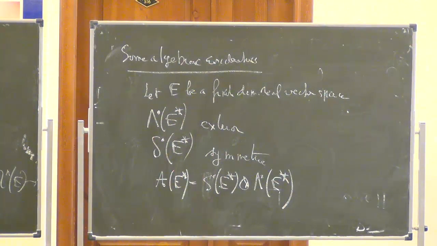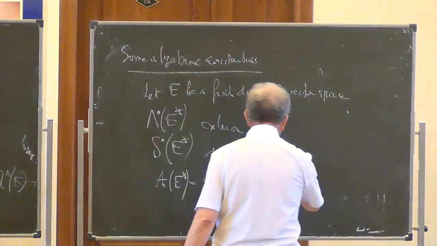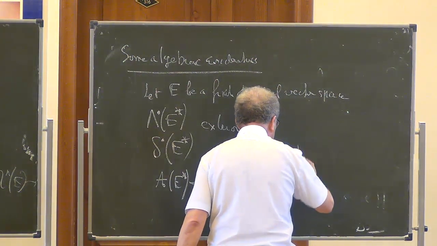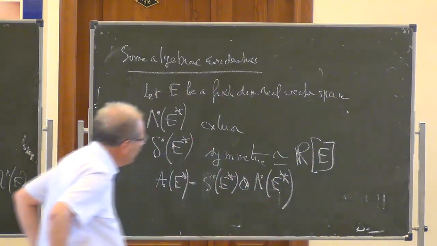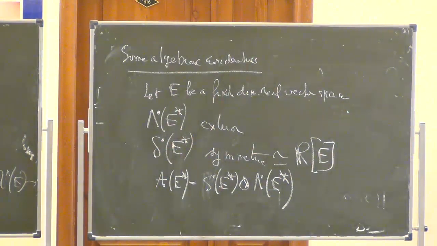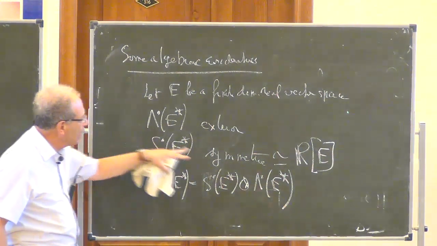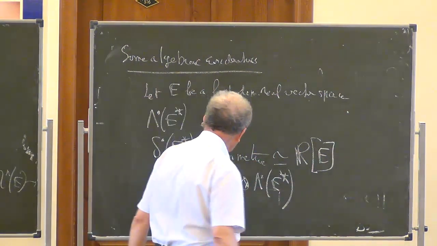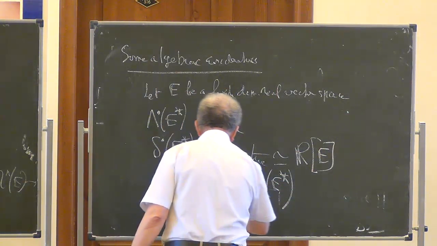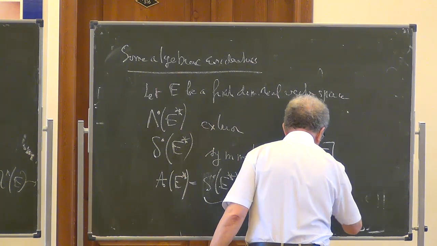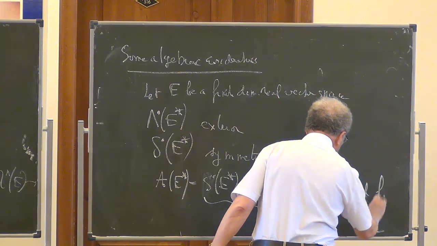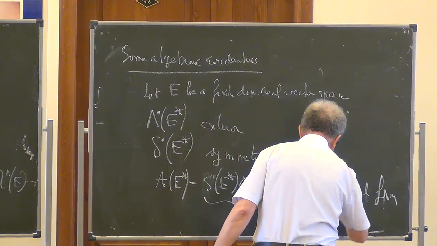Okay, so the symmetric algebra actually is canonically the same thing as the polynomial algebra of E. So these two algebras are canonically Z-graded. The grading here corresponds to the grading of the polynomials. And so this space here is just a space of polynomial forms on E.